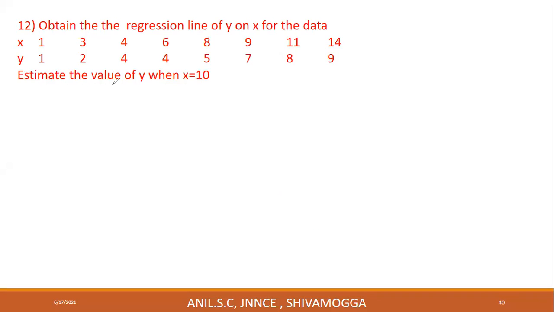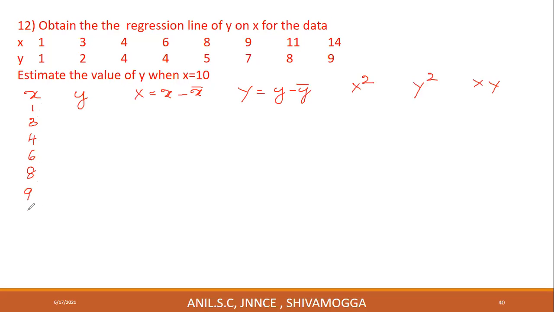First, calculate summation x, summation y. And then capital X is equal to x minus x bar, capital letter Y is equal to y minus y bar. And then X square, Y square, and XY. Here x takes values 1, 3, 4, 6, 8, 9, 11, and 14.